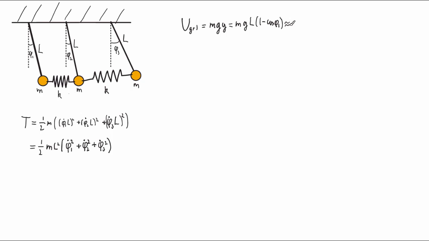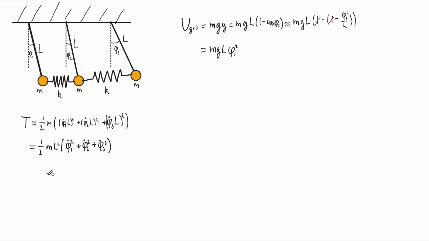So this is approximately equal to, and we can see that these ones cancel each other. So then you end up with mgL phi1 squared. So that's an approximation for the gravitational potential energy.